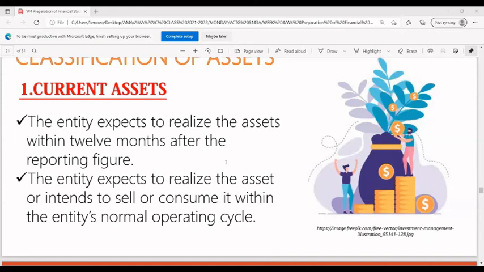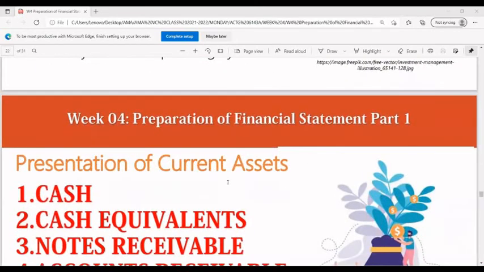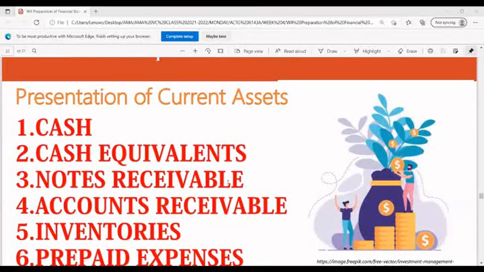If over 12 months, it will be under the long-term assets. So the entity expects to realize the asset or intends to sell or consume it within the entity's normal operating cycle. For the presentation of current assets, these are cash equivalents, notes receivable, accounts receivable, inventories, and prepaid expenses.